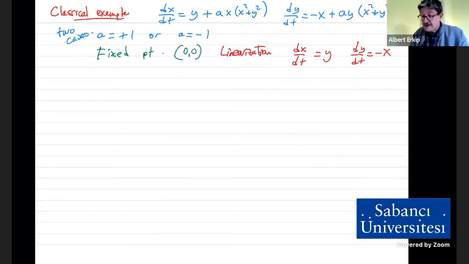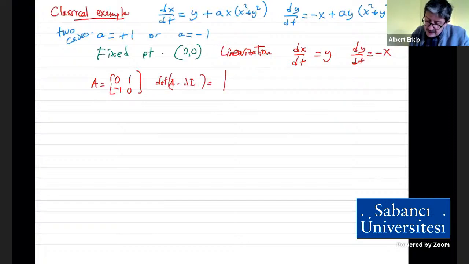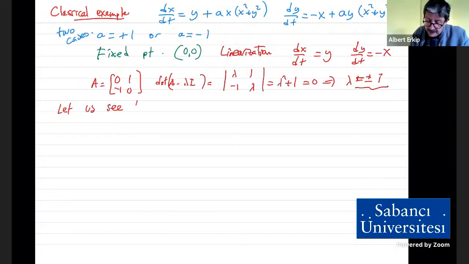These are higher order terms and they disappear. Okay, so the matrix A is (0, 1; minus 1, 0). So the determinant of A minus lambda I is lambda squared plus 1 equals 0, which gives lambda equals plus or minus i. Remember, these were the circles. Real part is 0, imaginary part is 1. In fact, let us see that closer.